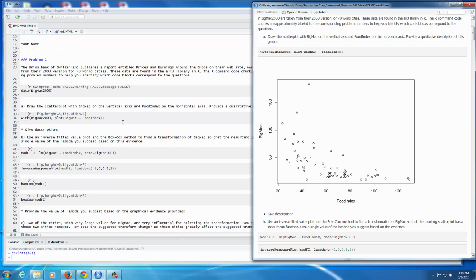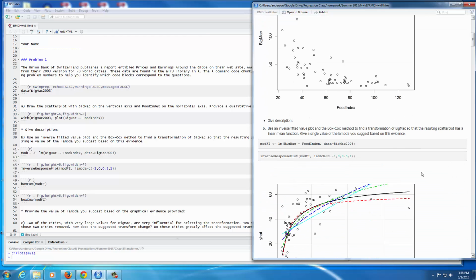In problem part B, we make a regression model that tries to explain Big Mac with food index, and then in line 46 we have a code block that creates the inverse response plot so that we can determine an appropriate transform of the Big Mac variable.